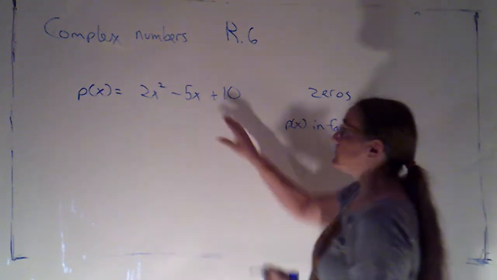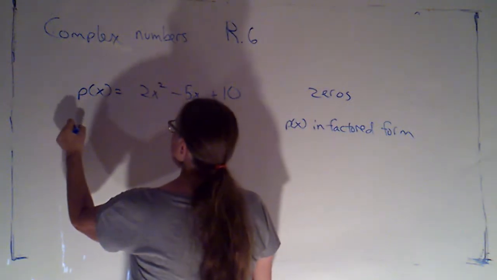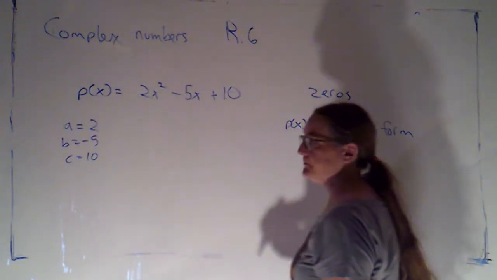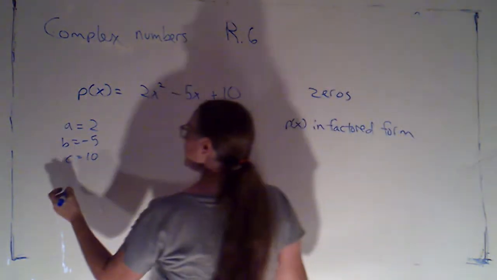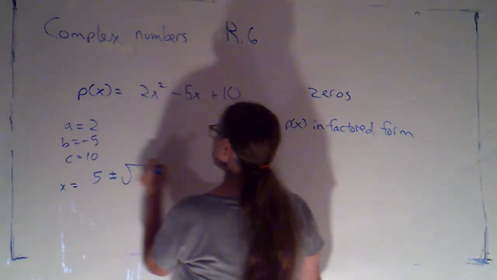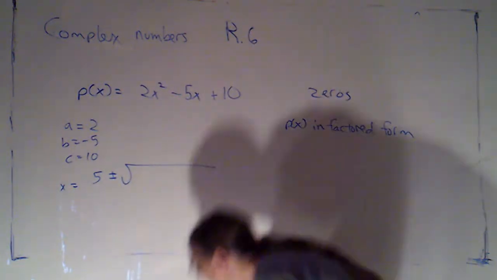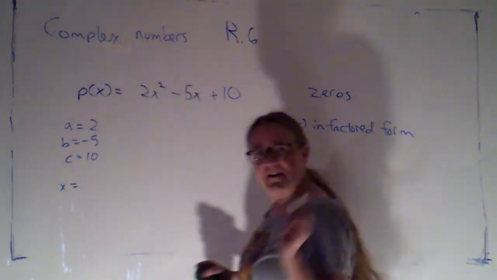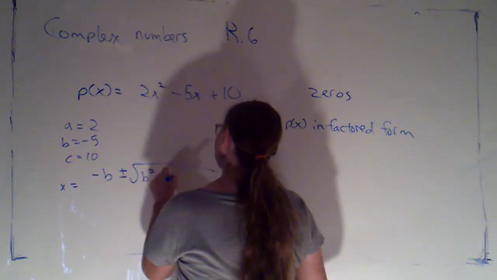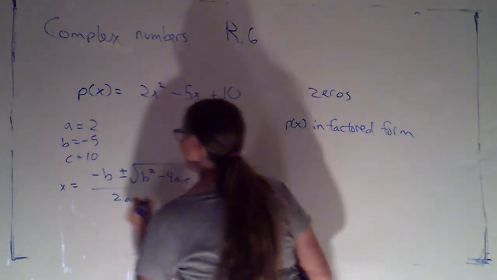Okay, so to find the zeros, I would say a is 2, b is -5, c is 10. All right, so x would equal the opposite of b, which would be 5, plus or minus the square root. Oh, I'm sorry. I like to write out the formula first and then plug in. The opposite of b, plus or minus the square root of b squared minus 4ac, all over 2a.